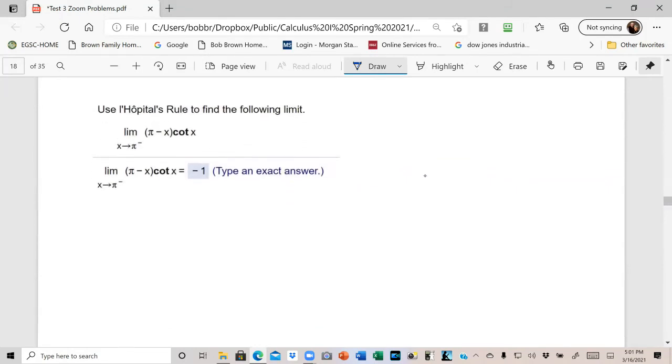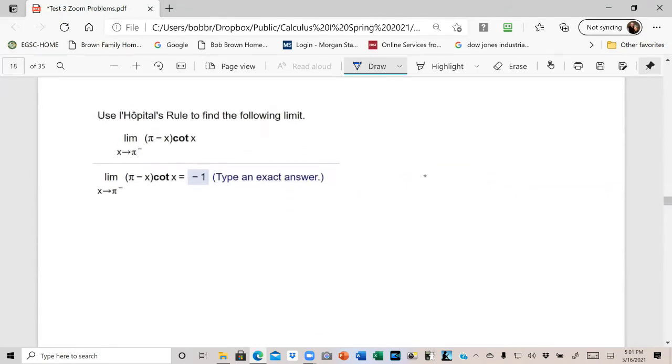Here again, we want to use L'Hopital's rule to find the following limit. Sometimes you need to rewrite it. If we don't have a numerator and denominator, we're looking for the limit as x approaches pi from the left of pi minus x divided by tangent of x.